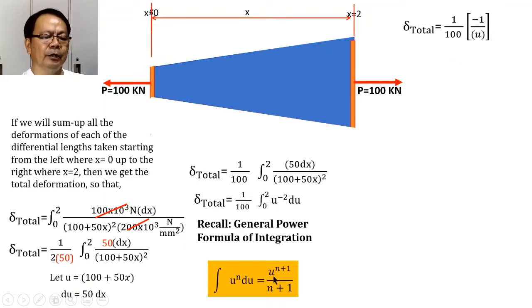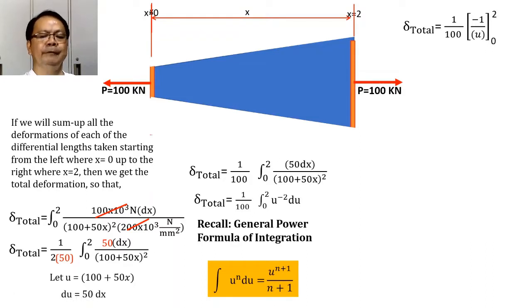Because if we add 1 to these exponents, it becomes u to the negative 1 over negative 1. And that u to the negative 1 over negative 1 is simply equal to negative 1 over u. And this must be evaluated from 0 to 2.